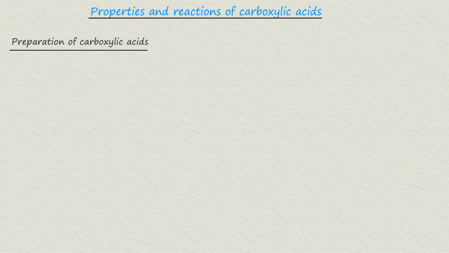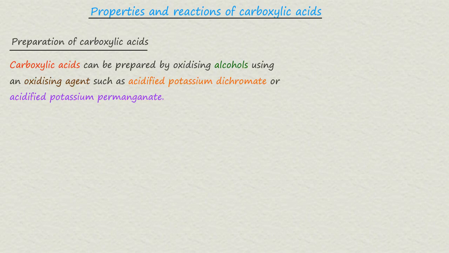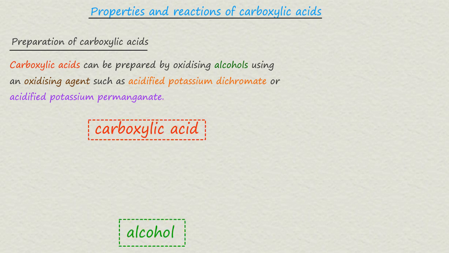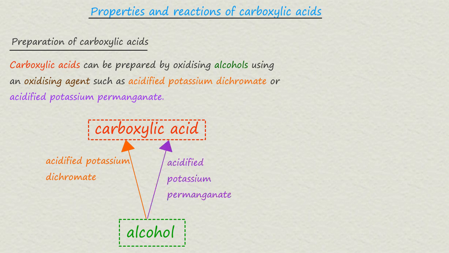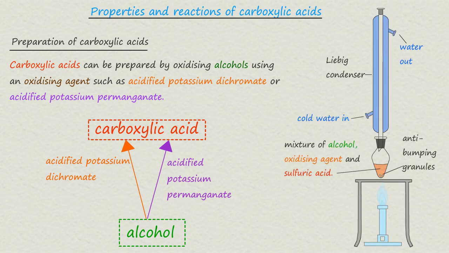There are a few ways to prepare carboxylic acids, but perhaps one of the simplest is to oxidize an alcohol using an oxidizing agent such as acidified potassium dichromate or acidified potassium permanganate. Now this oxidation reaction is usually carried out under reflux conditions as shown in the image.